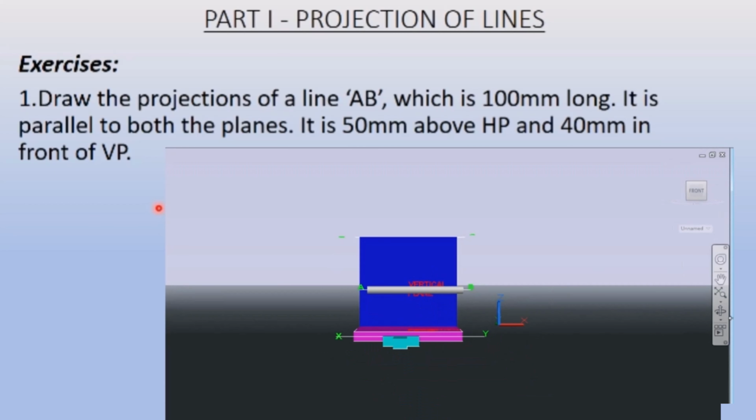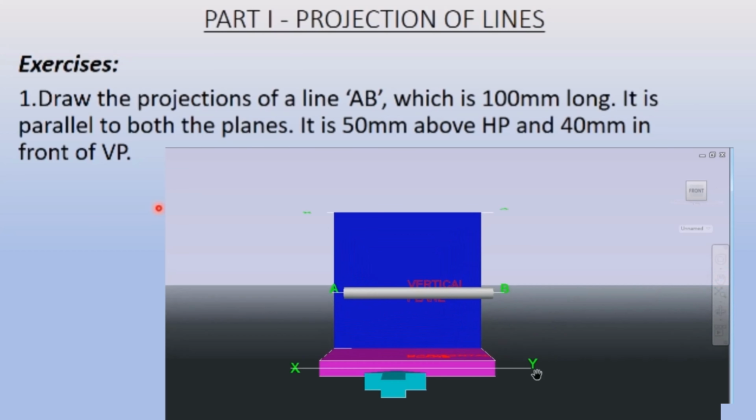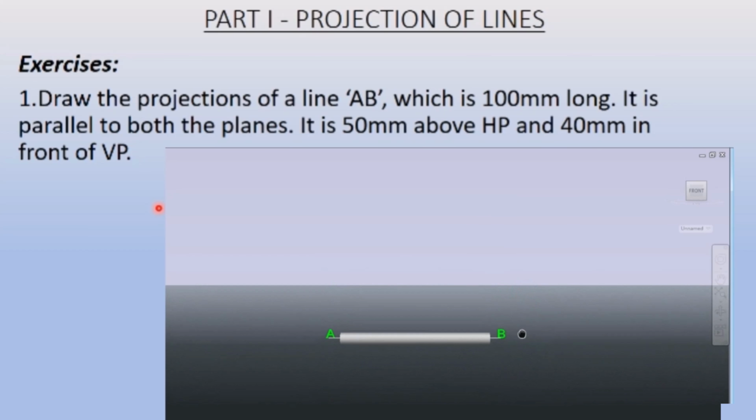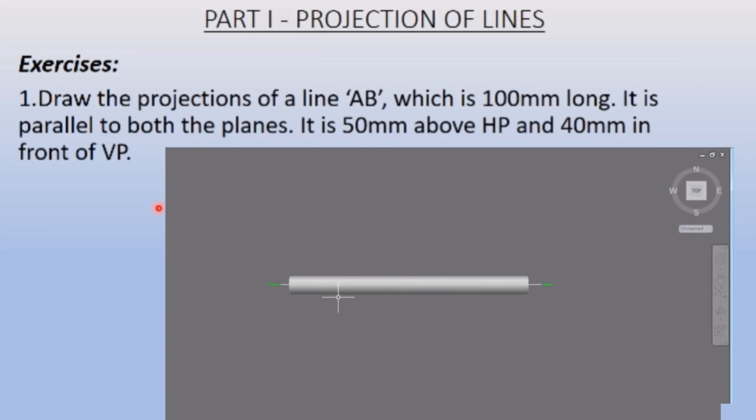So this distance will be 50 mm because it is 50 mm above HP. So finally, this is going to be a front view, a simple line A and B, and the top view will also be a line.